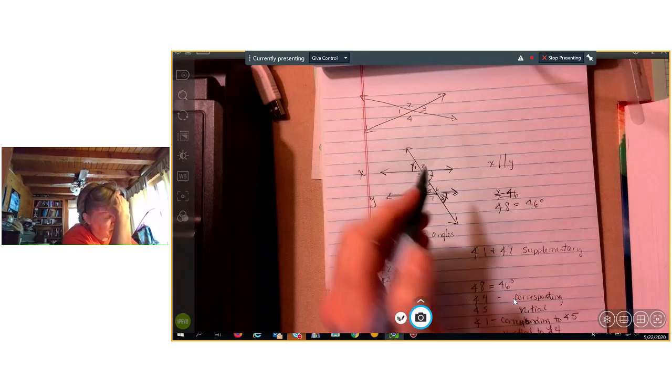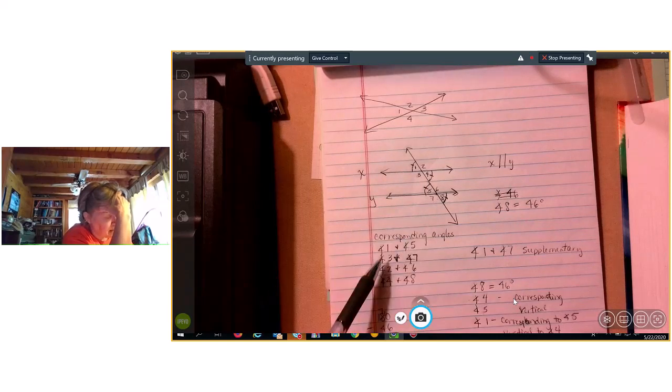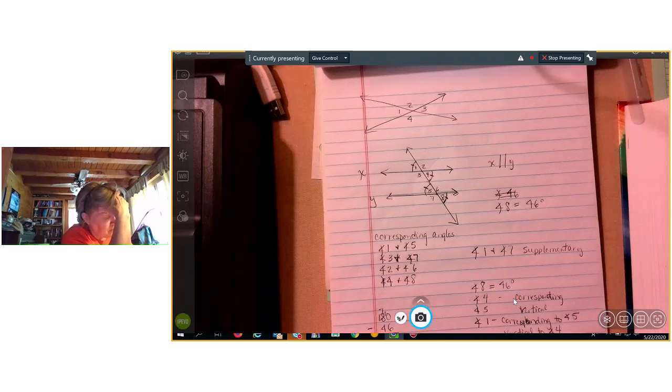And then we have these corresponding angles again, because we said here that angle 3 and angle 7 are corresponding angles. And so we know that they're also going to be congruent. So we know that angle 7 and angle 6 are going to be 134 degrees.